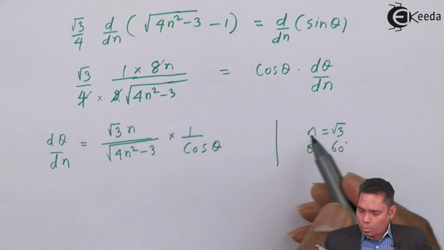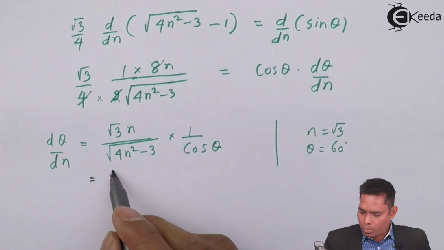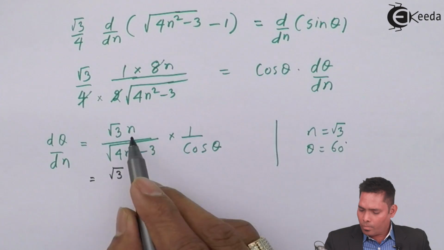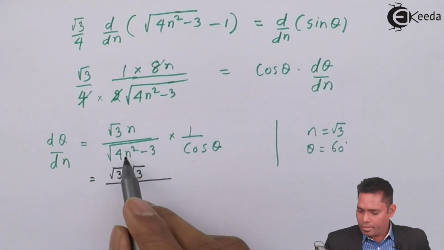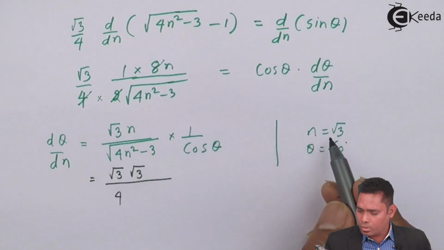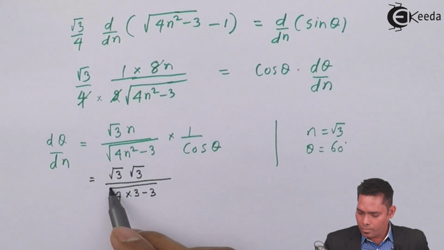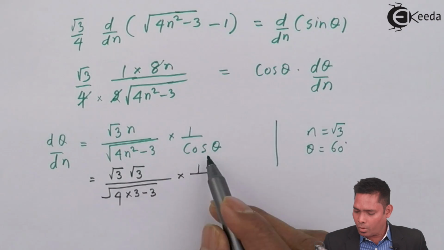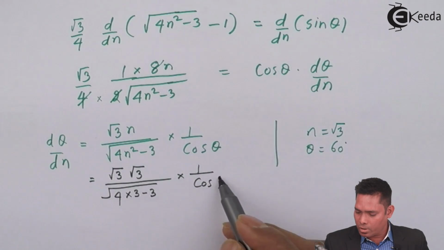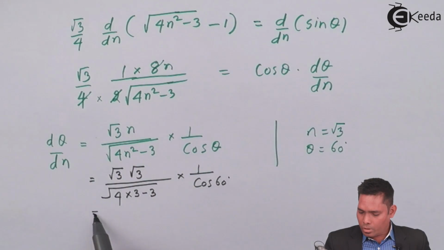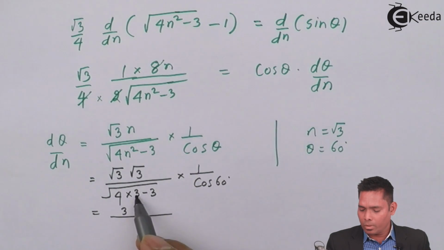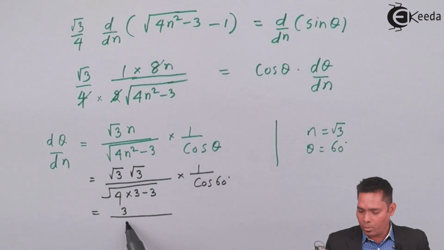If I put n as root 3 here, this becomes root 3 into root 3 divided by under root of 4 into n square, square of this is 3, so 4 into 3 minus 3, into 1 upon cos of 60 degree. This becomes 3 divided by 4 threes are 12, 12 minus 3 is 9, root 9 is 3.